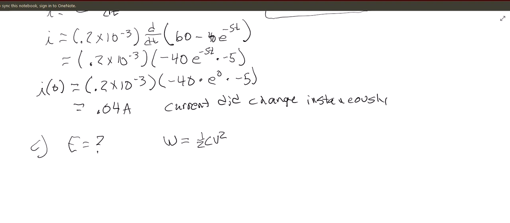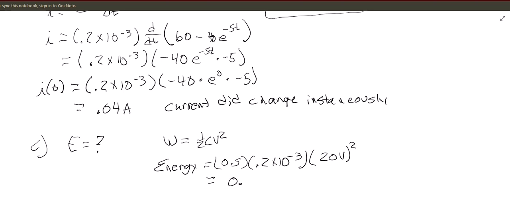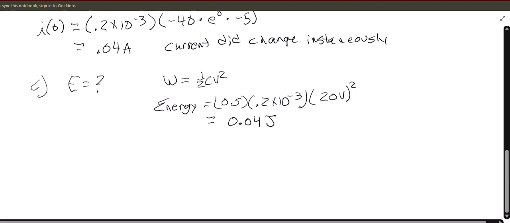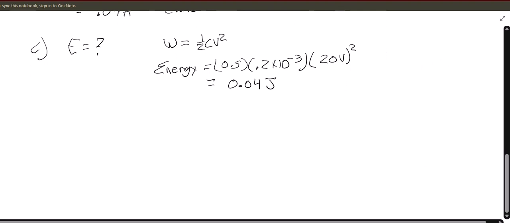The energy is 0.5 times the capacitance 0.2 times 10 to the negative 3 times the voltage of 20 volts squared. When you do all that out, I believe you get 0.04 joules. You should check that and see if that is what you get.